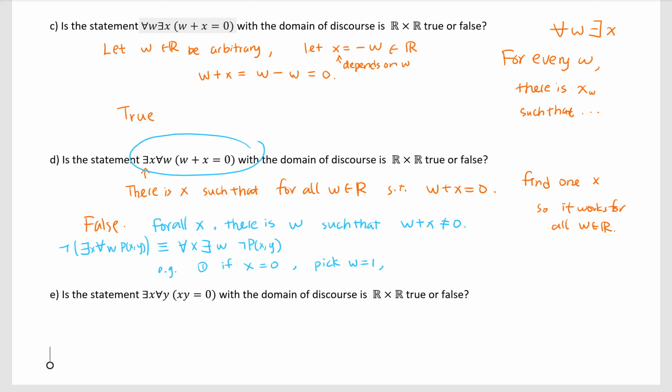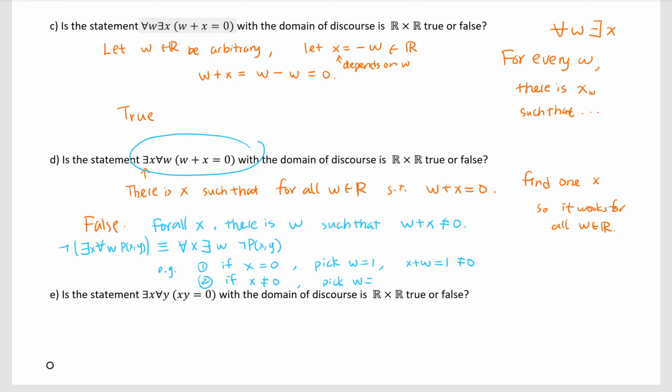Then we have x plus w equals 1, which is not 0. If x is not equal to 0, when we combine those cases, we have all real numbers. So we have shown this statement for all real numbers x. When x is not 0, we can pick w to be x. Then w plus x is 2x, which is not 0.